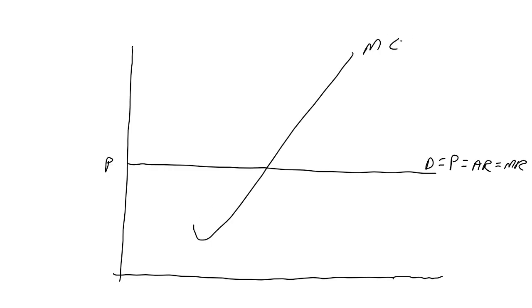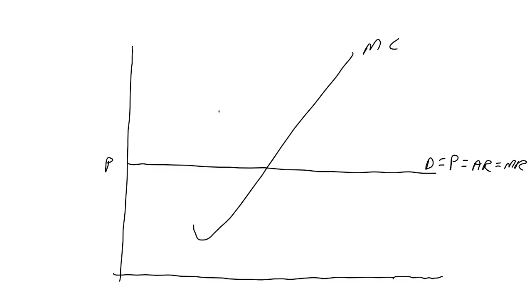So if I want to show that, demand is equal to price is equal to average revenue is equal to marginal revenue. This tick mark you don't have to worry about. Just confidently put one marginal cost curve. What you have to be careful about now is where you put the average total cost curve.